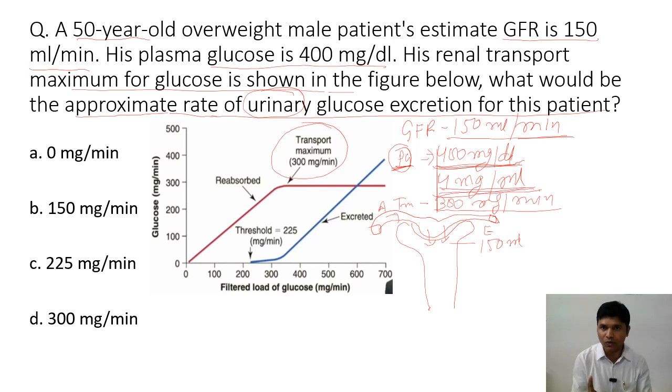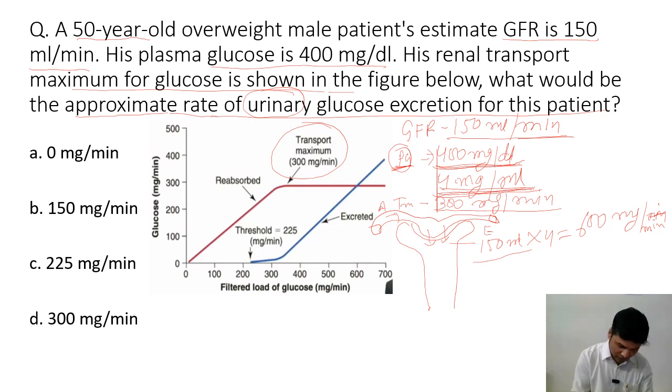So how much glucose is filtered in 1 minute? 150 into 4 milligram is equal to 600 milligram of glucose per minute. So glucose loaded will be 600 milligram per minute.